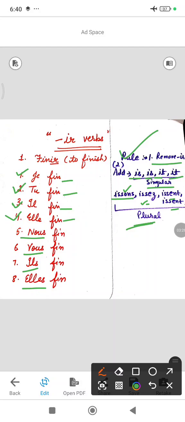So similarly we will put here ISSONS, ISSEZ, ISSENT, ISSENT. So this is the rule. You have to keep this rule in mind. Then only will you be able to do the conjugation. I hope up to this it is clear to everyone. So let's add this and see how it comes out.